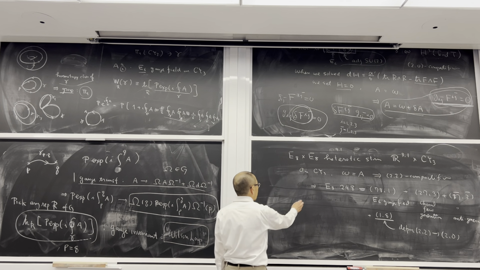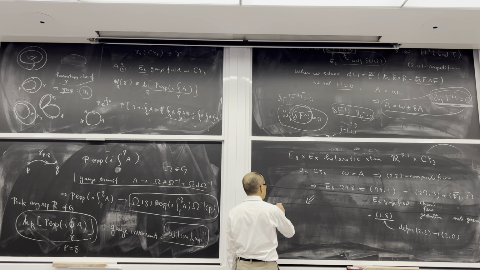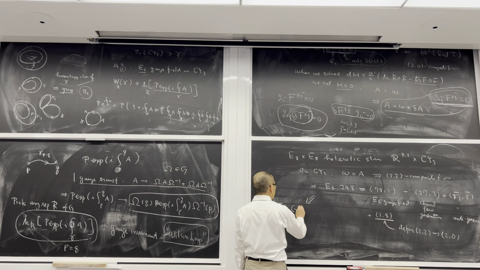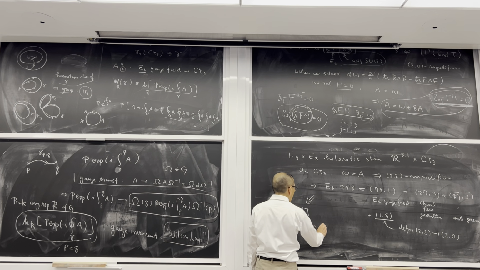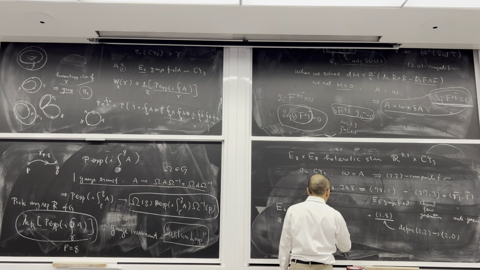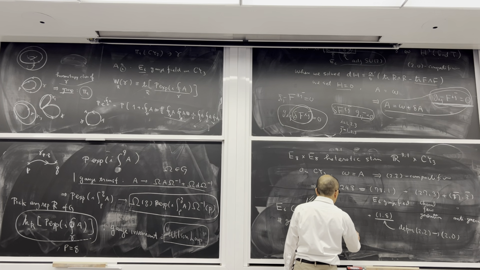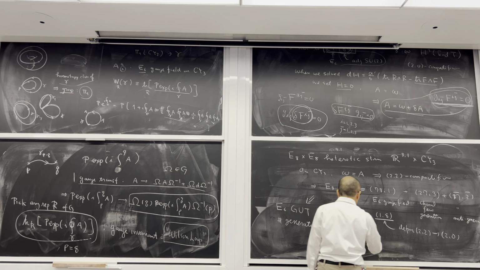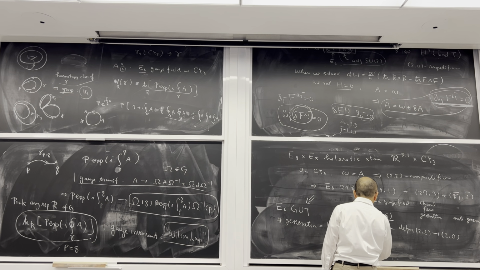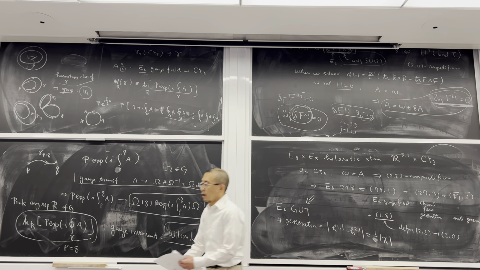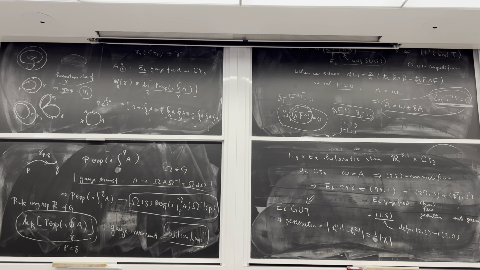And then, so this gives rise to E6 grand unification with the number of generations given by the absolute value of h11 minus h21, which is 1/2 of the absolute value of the Euler characteristic.